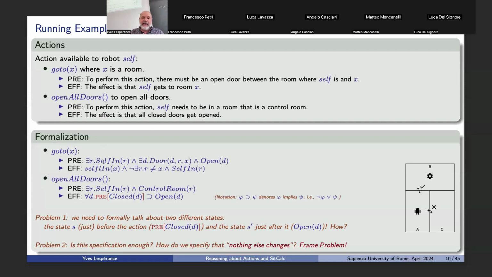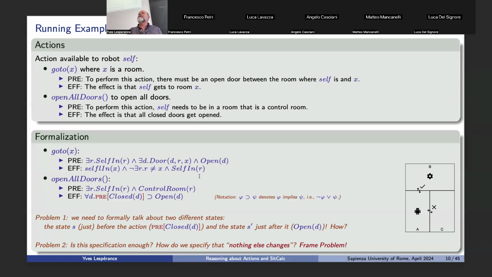So here I'm saying that when I go to X, I'm no longer in the room I was, and I'm in this new room. What about the doors? Are they still open or not? It doesn't say anything about that. Intuitively, we would want to say that nothing except what I wrote down in the effect changes.